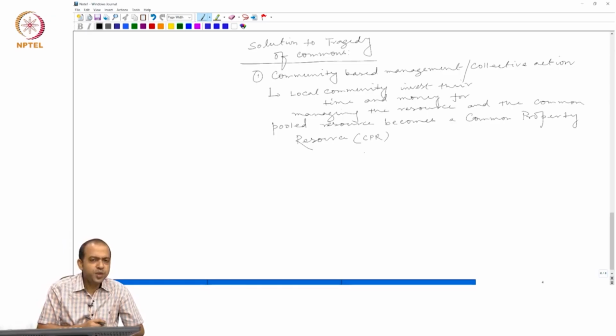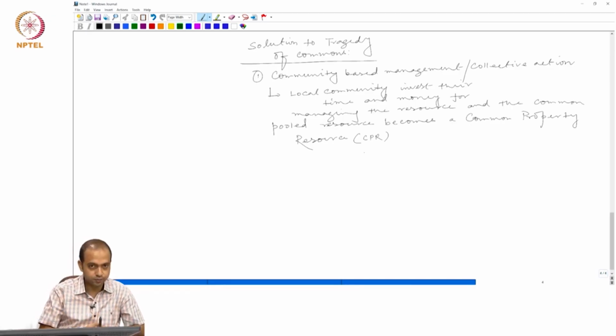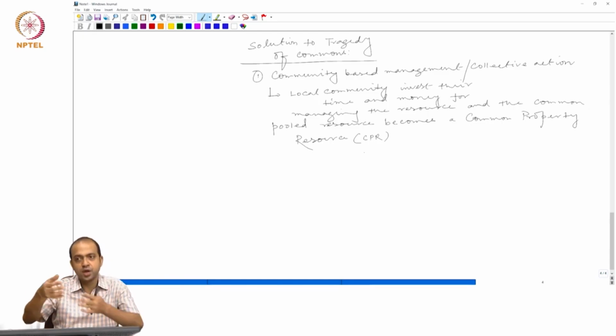But that does not mean that community based management is always successful. Okay? Community based management is not always successful. To have a successful community based management, all the individuals belonging to that community must cooperate. Okay? But the cooperation comes when some critical number of individuals actually cooperate.